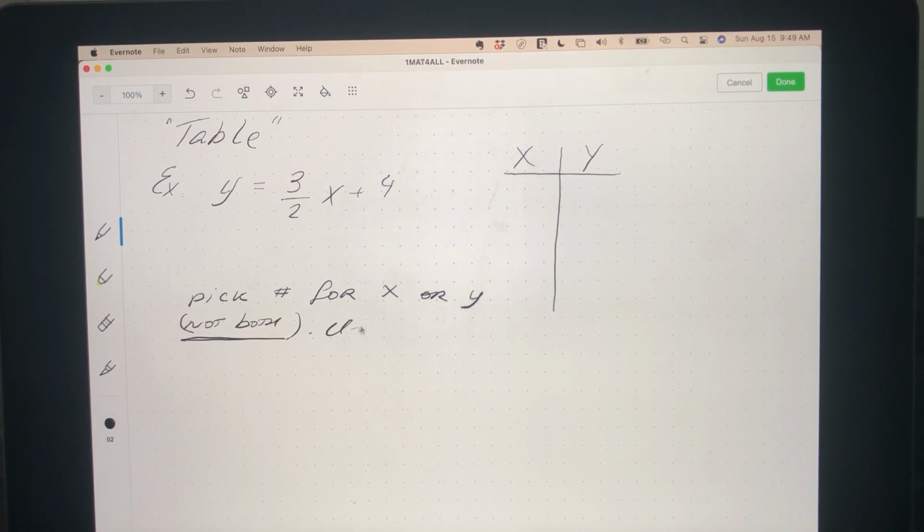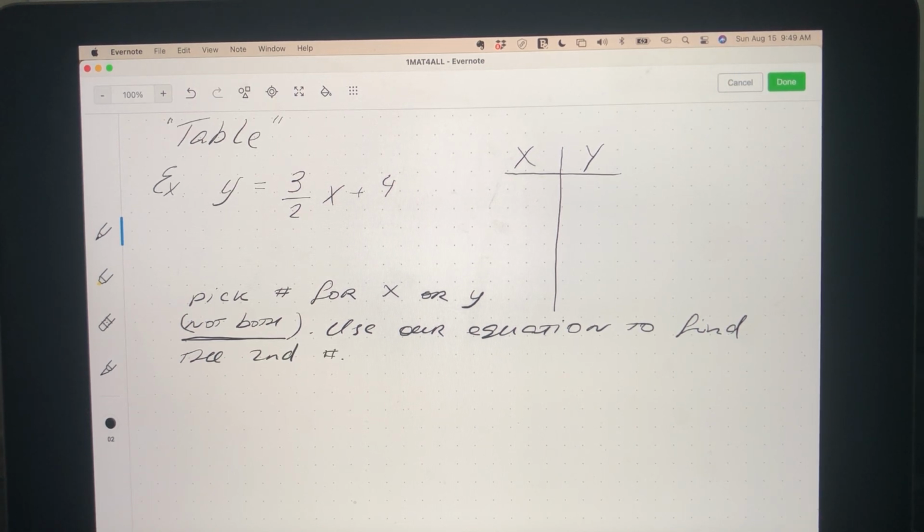And we use our equation to find the second number. If I chose x, I would substitute the x into my equation and use it to get the y that goes with that particular x. Or I could choose the y and then rearrange my equation and get the x out of it. But I only choose one, either x or the y, never both.